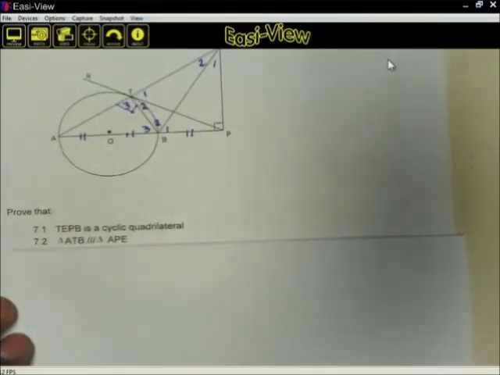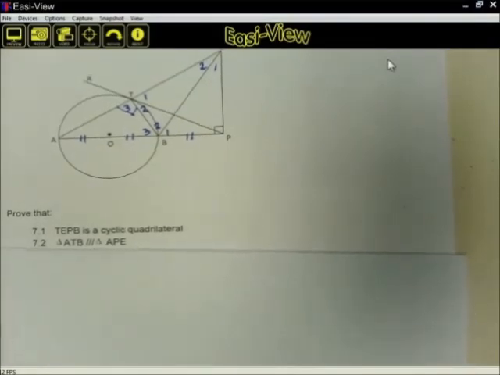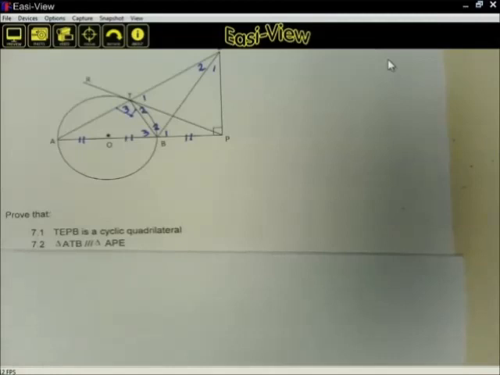Remember, to prove that two triangles are similar, you only need to prove two pairs of angles to be equal, because the remaining pair will definitely be equal. Remember, angles of a triangle add up to 180 degrees.